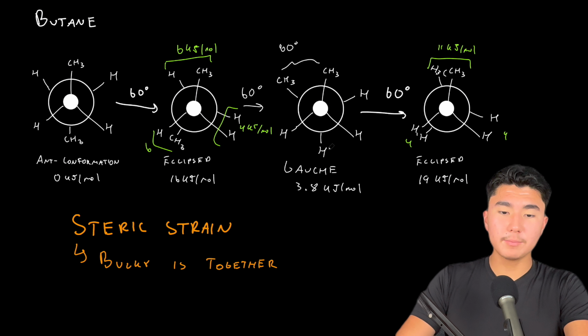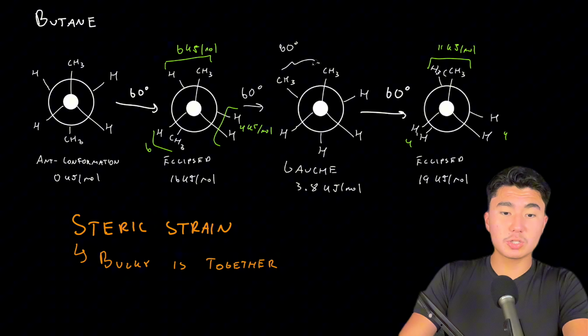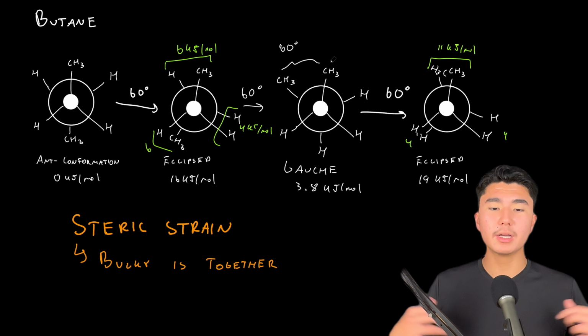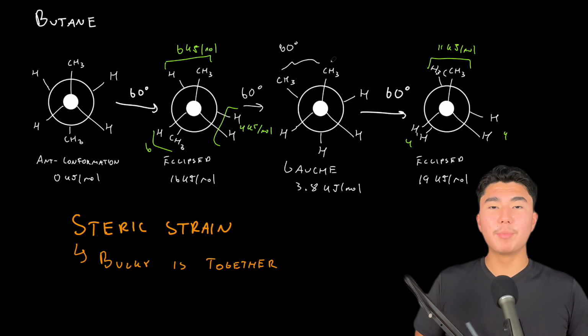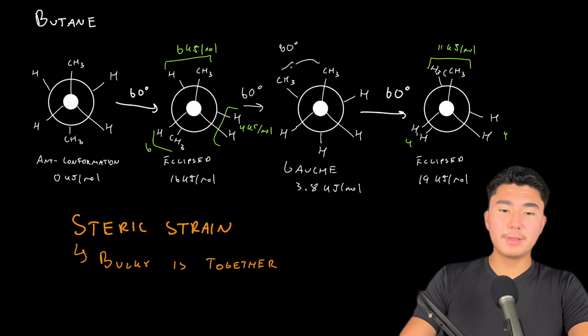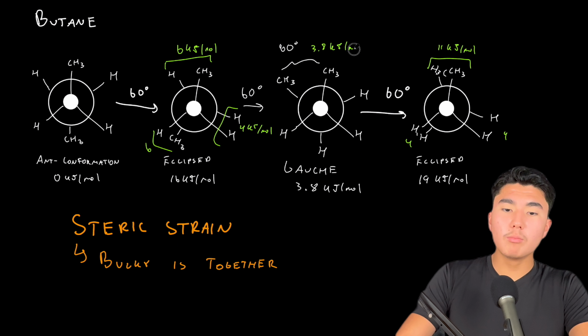Now over here, since our hydrogens are in this gauche conformation, there's not going to be any torsional strain or any steric strain, but there is some steric strain between these 2 methyls. Since they're just so big, they're going to cause some drama, but not enough to where we have an unstable organic molecule. So this over here is just going to be 3.8 kilojoules per mole, which is where we got that 3.8.